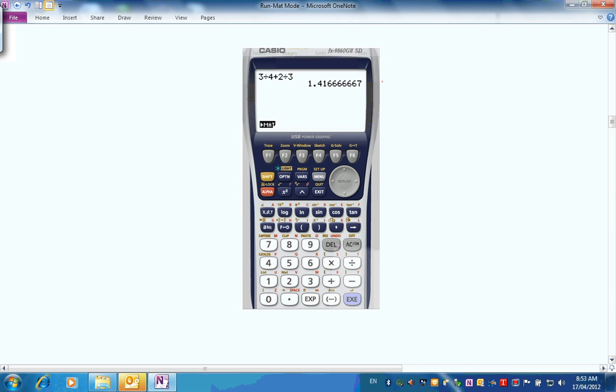Well, this is interesting. Linear setup has produced exactly the same answer when we enter the fractions in this form.